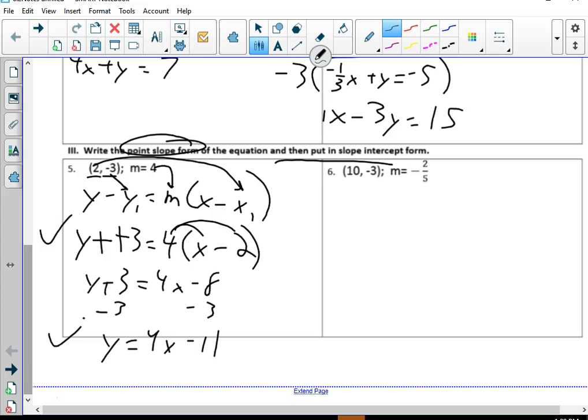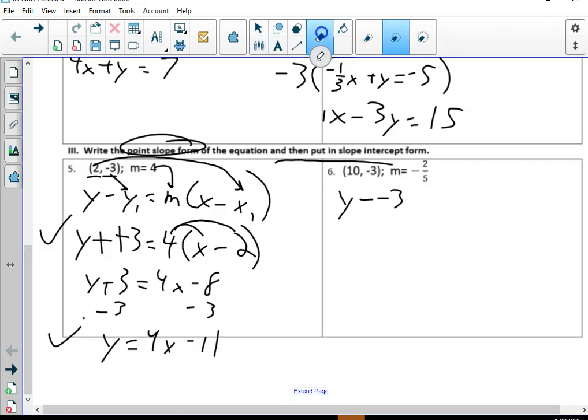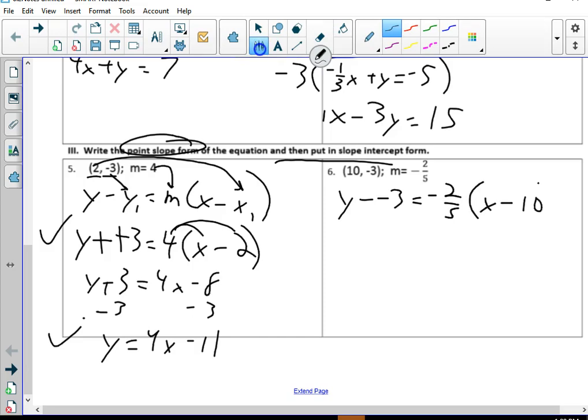Let's do that one more time. Y minus y equals m x minus 10. Okay, so that is, and then we just make this plus, right? That's point slope form. Y plus 3 equals negative 2/5 x minus 10.